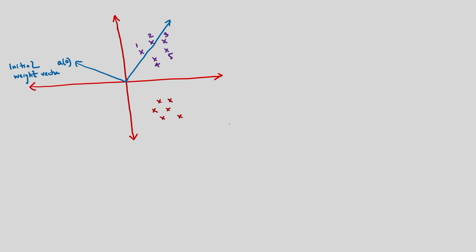After this, we have to apply the updation rule. The updation rule is a_k equals a_(k minus 1) plus eta y. I have already explained that. The vector y is scaled by eta and added to the previous value of the weight vector a_(k minus 1).